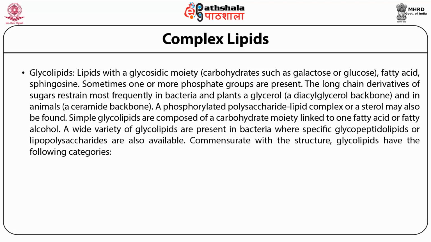Simple glycolipids are composed of a carbohydrate moiety linked to one fatty acid or fatty alcohol. A wide variety of glycolipids are present in prokaryotes, especially in bacteria, where specific glycopeptidolipids or lipopolysaccharides are also available. Commensurate with the structure, glycolipids have the following categories.